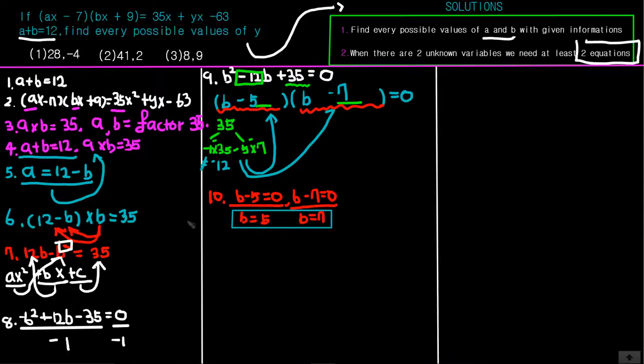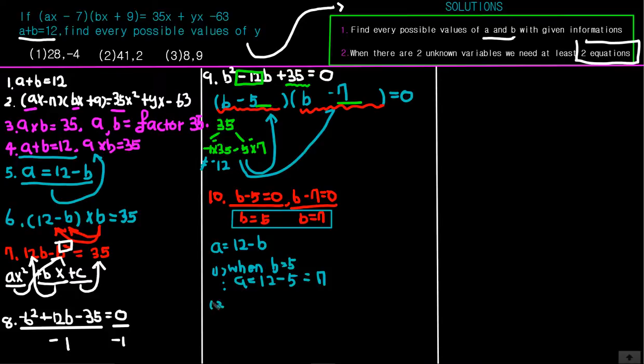We can input our values into our original equation, which is a is equal to 12 minus b. So a is equal to 12 minus b. There will be two cases. At first, when b is equal to 5, a is equal to 12 minus 5, which is 7.